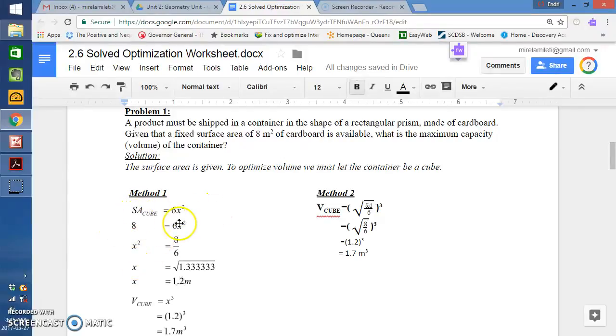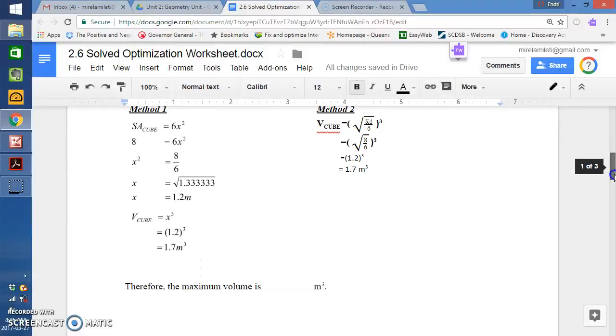Substituting in this equation the given surface area, we can easily isolate x. First divide by 6 both sides, and then take the square root of both sides, and we see that the edge or the side x is equal to 1.2 meters. And this value, we can substitute into the formula for the volume.